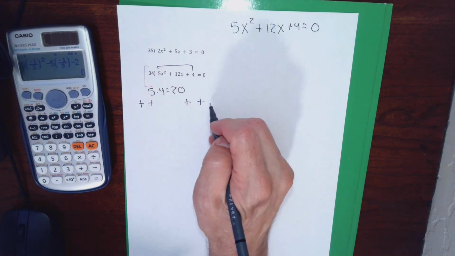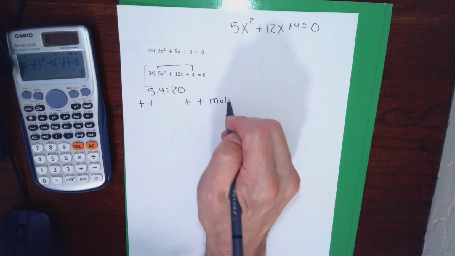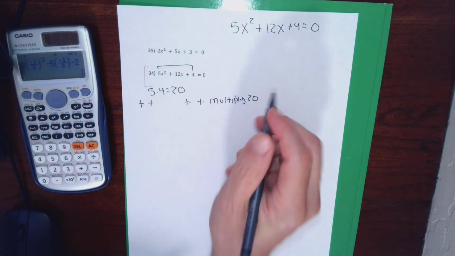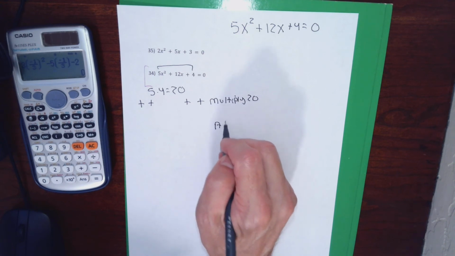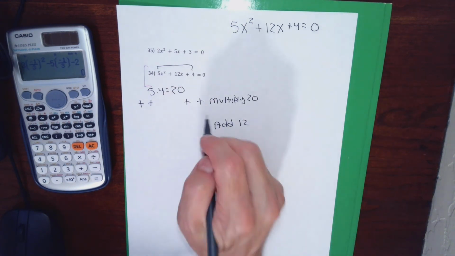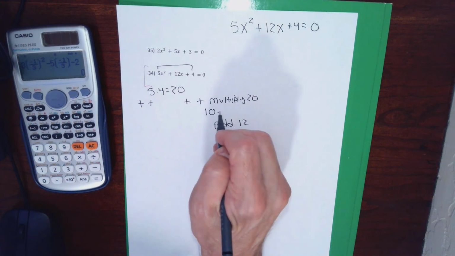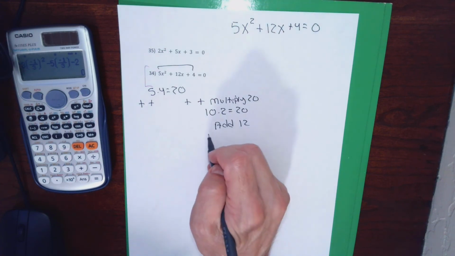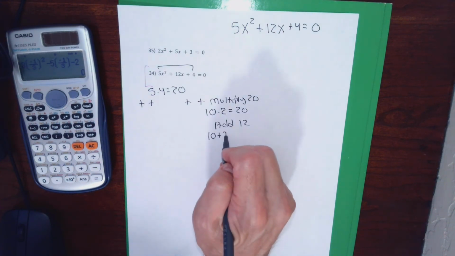Specifically, double positive numbers that multiply to the 20 that I just computed, and in addition, they add to the number 12. To save time, I'm just going to write those down. 10 times 2 are double positive. They multiply to 20.